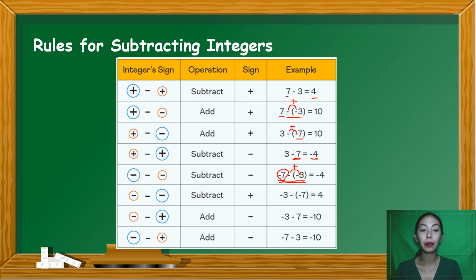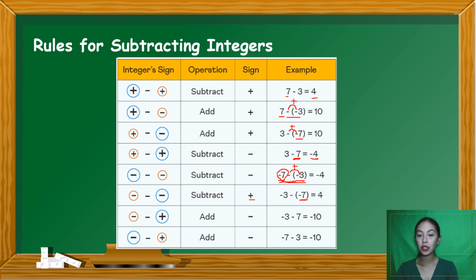Okay, next, we have still negative minus negative. We will subtract, but the sign here is positive. Why is it positive? Okay, so in this case, the bigger number here is the second term. So we have negative 3 minus negative 7 is equal to positive 4.